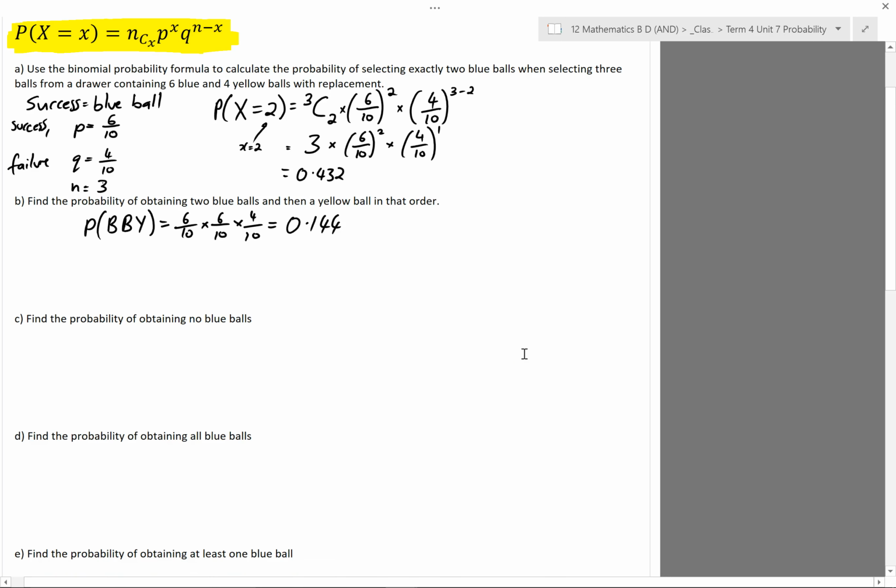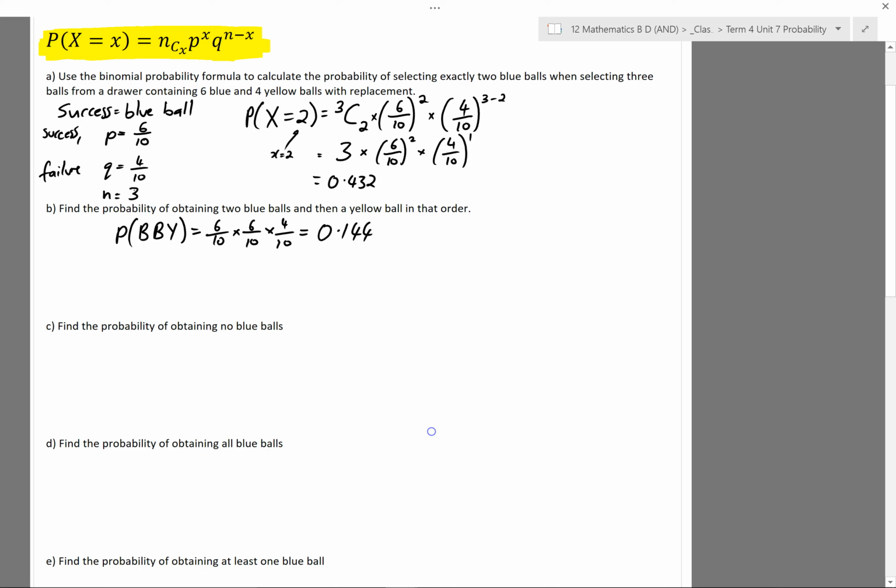All right, we'll have a look at just some other examples just to further familiarize yourself with it. Find the probability of obtaining no blue balls. So again, probability of success is 6 on 10. I'll write it as 0.6 this time. Probability of failure, 0.4. Number of trials is 3.